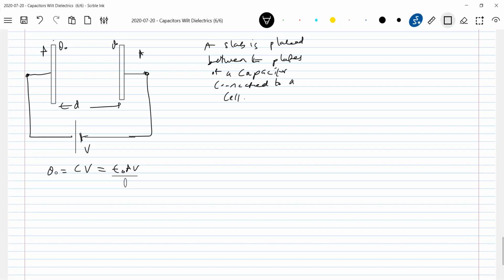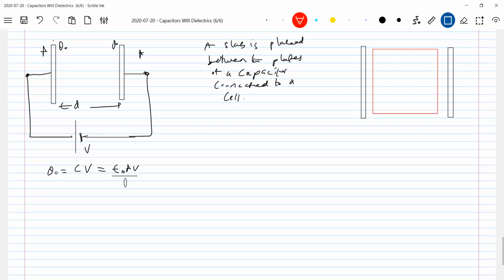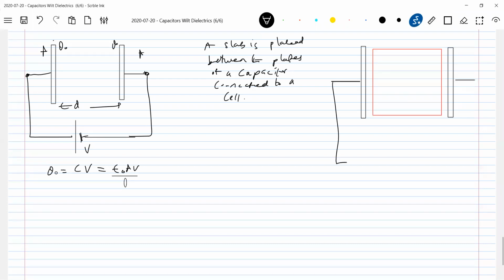After placing this, what parameter of capacitor will remain same here? The potential difference, no?